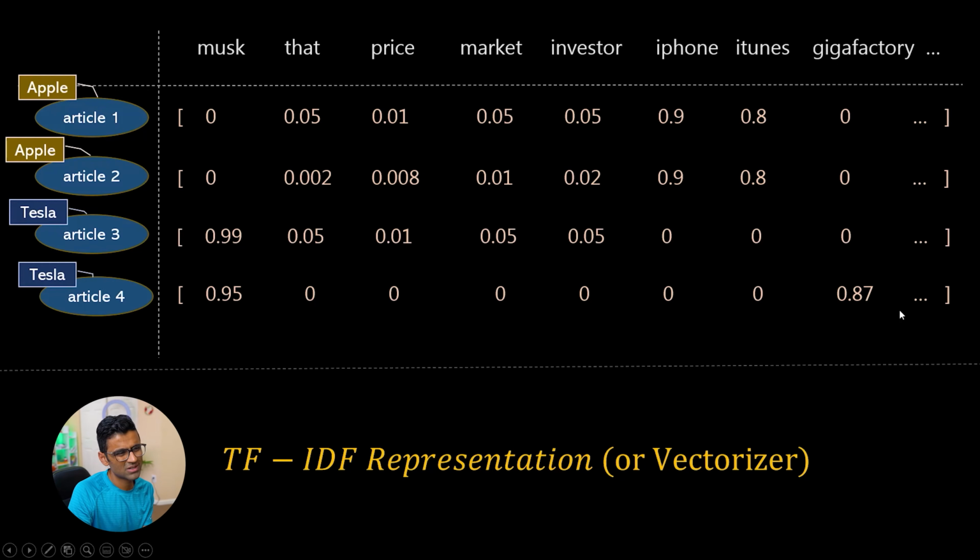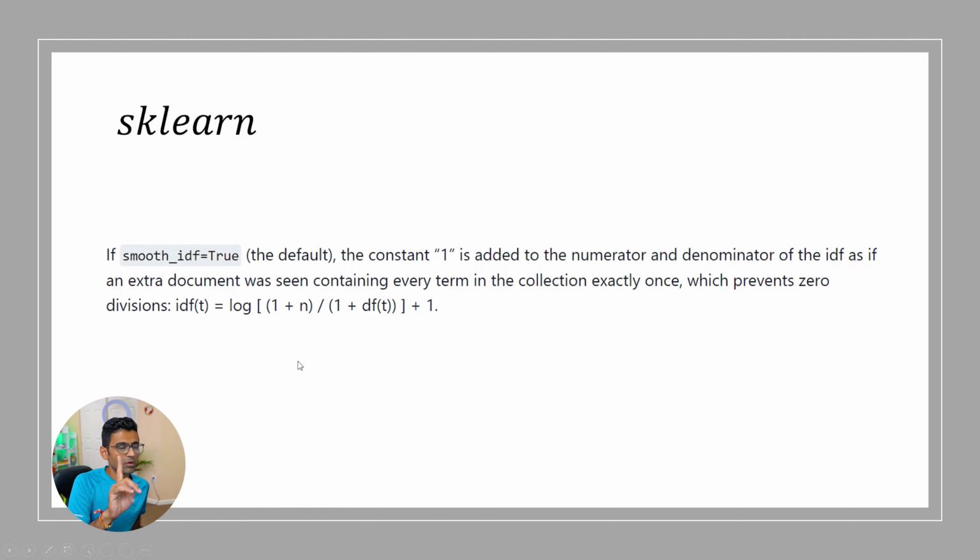Here I'm just showing some sample numbers. I did not actually compute it, but what I want to show you here is that terms like iPhone, iTunes, Gigafactory will have higher numbers, see 0.9, 0.8, whereas common terms like price will have a lower number. One more thing I want to clarify is that sklearn uses a slightly different formula for IDF to take into account the zero division possibility.